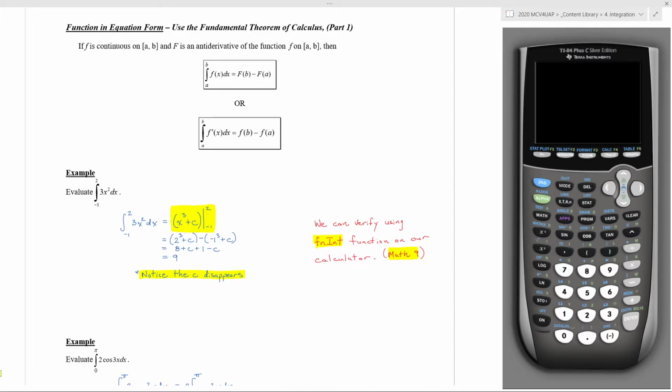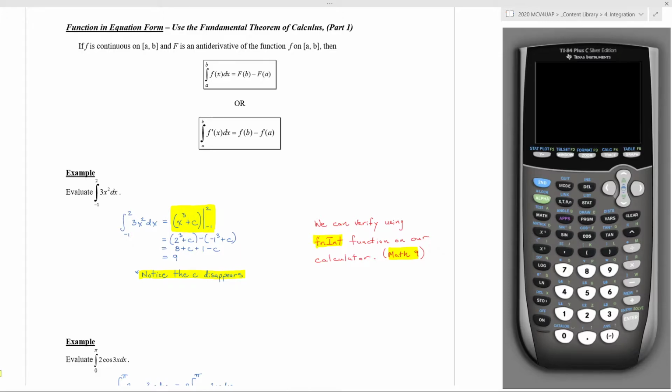It's not wrong if you do, but if you do enough of these, you'll notice the c is always going to disappear. So why bother? Okay, so we've evaluated that integral and we got 9. Okay, again, notice 9 is a value. We're evaluating definite integrals. That 9 can be interpreted as an area.